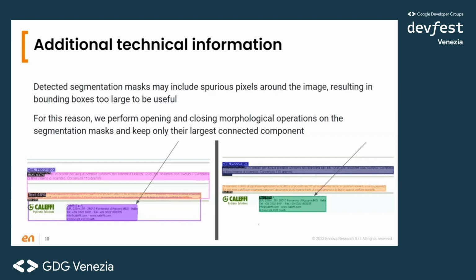Very easily, if you are familiar with computer vision, you can perform some morphological operations on the image to remove these random pixels when they are not part of a big blob of activated pixels around the same position, to get bounding boxes that do not include other text or are very tightly fitting around the box of text that you are considering.